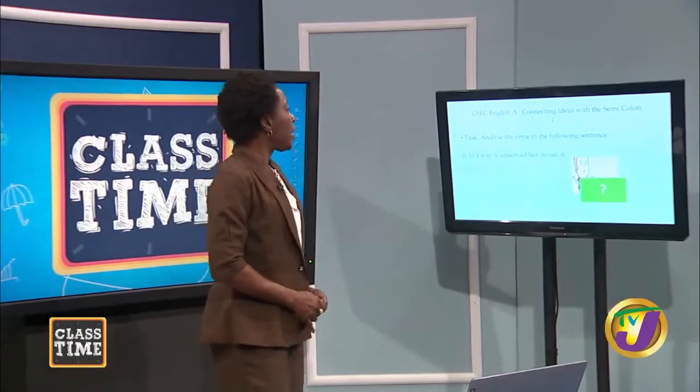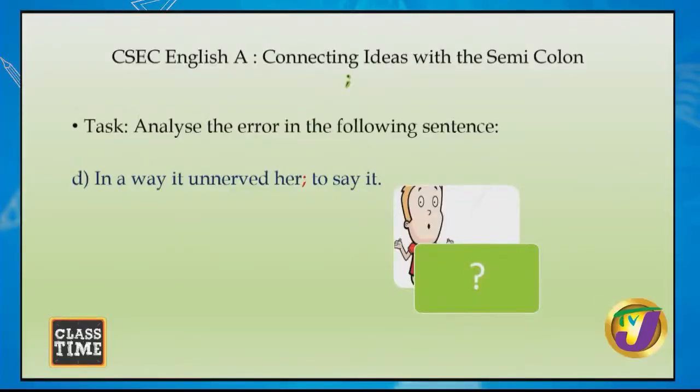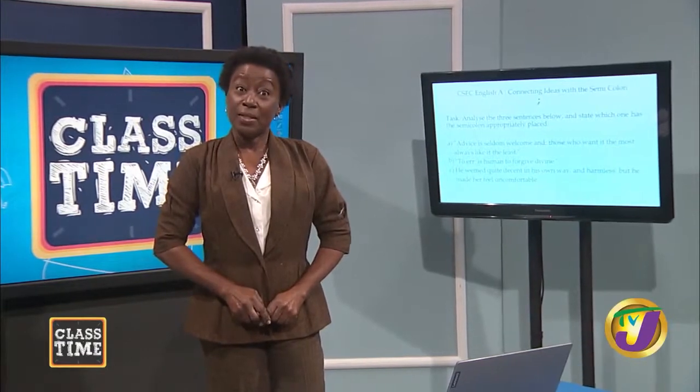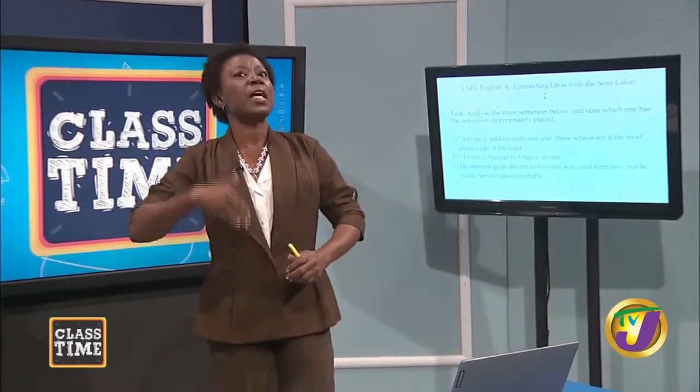Just to revise, the semicolon is a mark that is used when we have independent ideas and we are seeking to connect the ideas. If you put the semicolon in a sentence and you do not see after it what could possibly be another sentence, meaning it is complete.